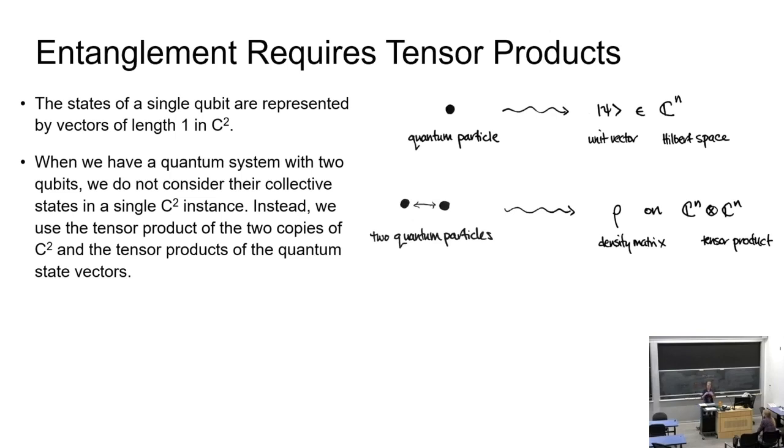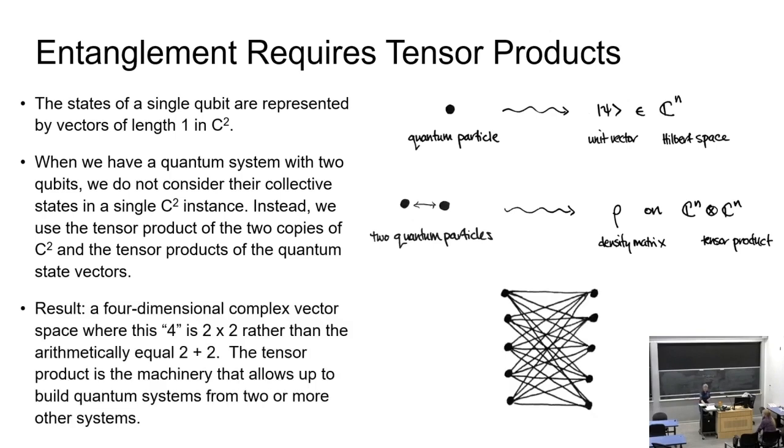It accounts for interactions between the two particles. It allows us to deal with mixed systems. Like I just said, we don't have to consider all the collective states in a single instance of C2. We're going to use the tensor product of the two copies and the tensor product of the quantum state vectors.